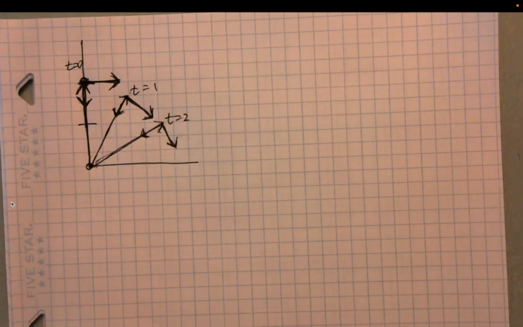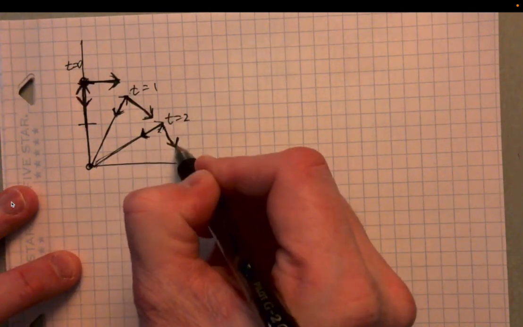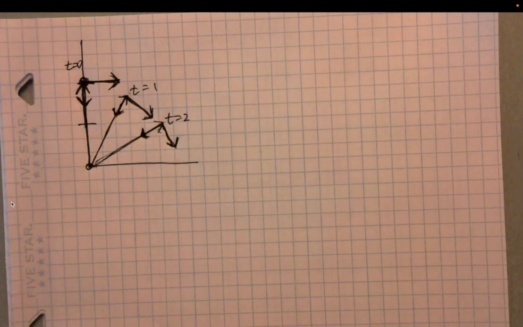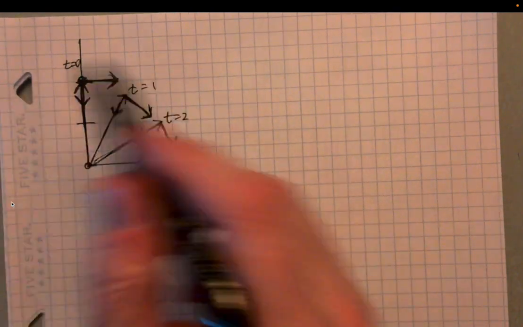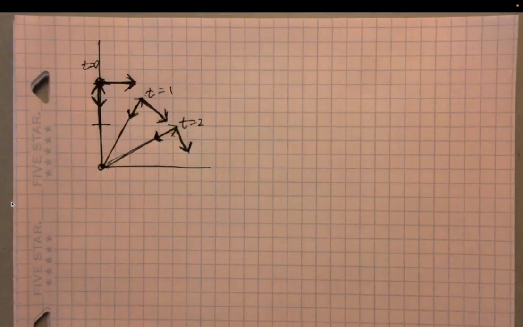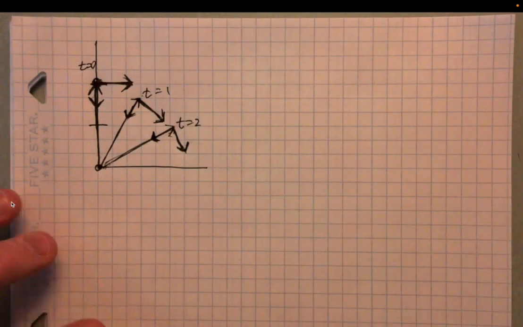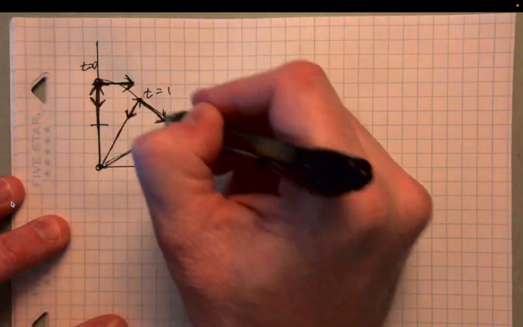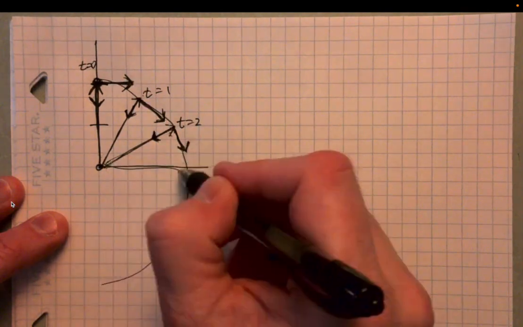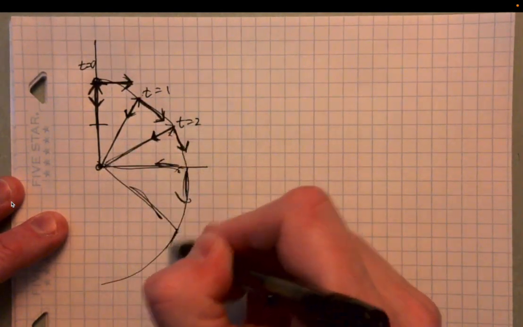The actual speed remains constant. That's what keeps the particle from accelerating or decelerating, if you want to think about it like that. Very cool. And you can imagine this is the circle, and it's just going to continue doing this all the way around the circle.